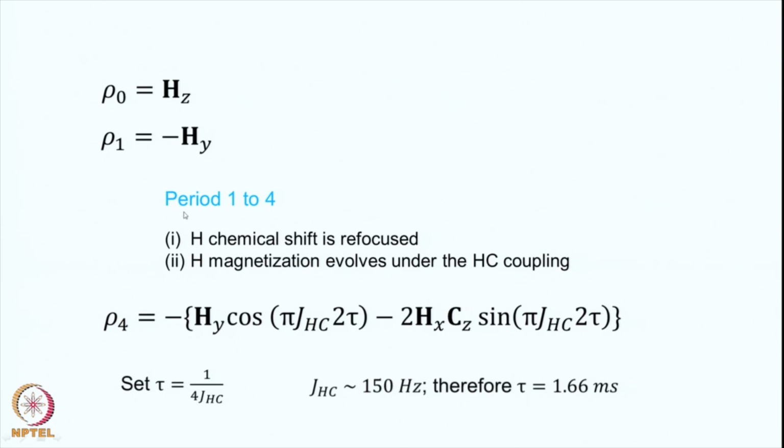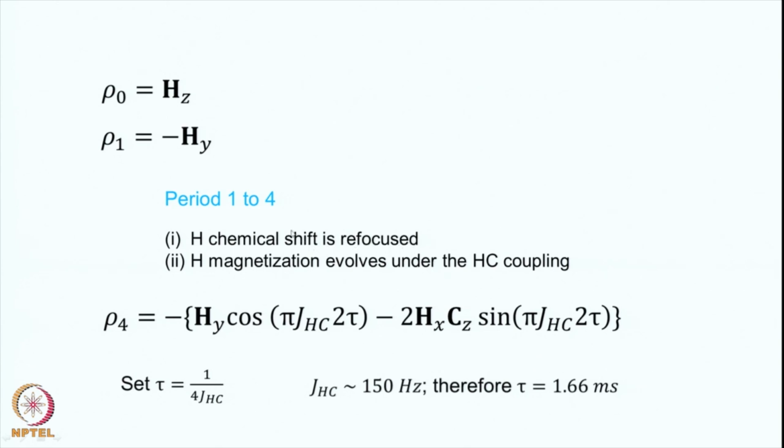And during the period 1 to 4, what happens? This is the spin echo. We have seen that the spin echo sequence is exactly in that manner. So, two things happen here. First, the proton chemical shift is refocused completely, because with 90x, tau, 180x, tau, at the end of that there is a spin echo.